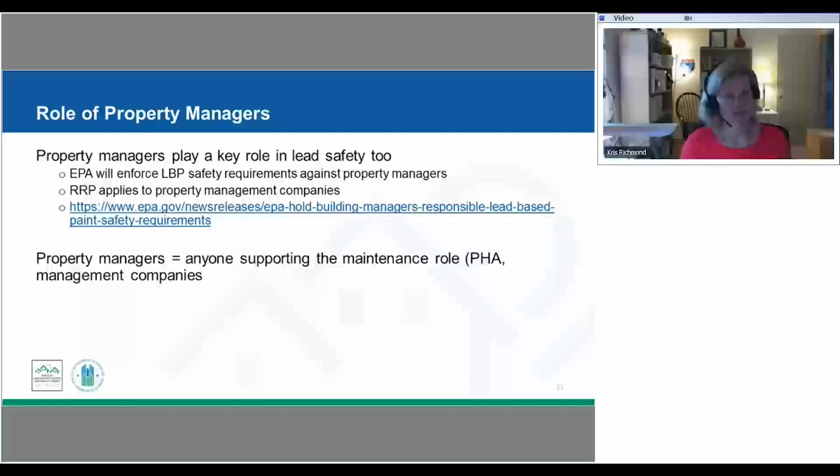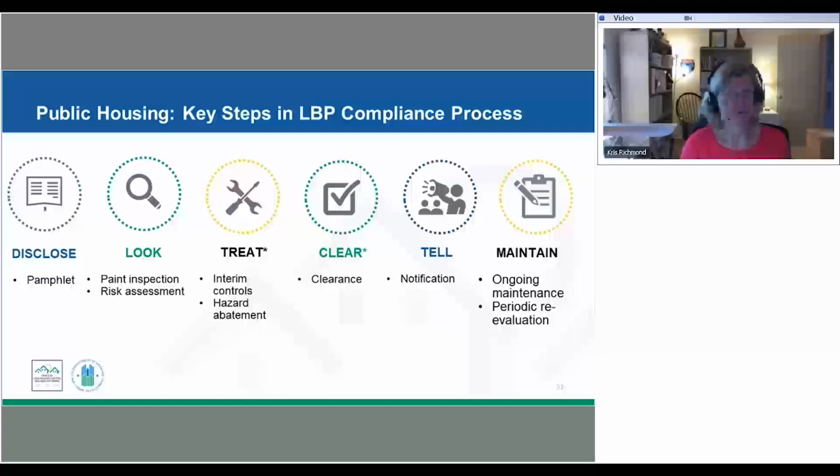You do want to make sure that as a PHA that your staff, if they are doing this type of work, that they do have the proper training for RRP. In addition, if you're doing abatement, there need to be abatement workers, abatement supervisors, that type of thing. If you do want to look at the article, we did provide the link here for you as well.